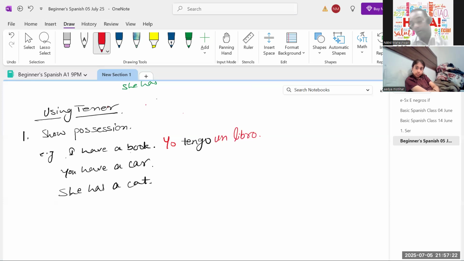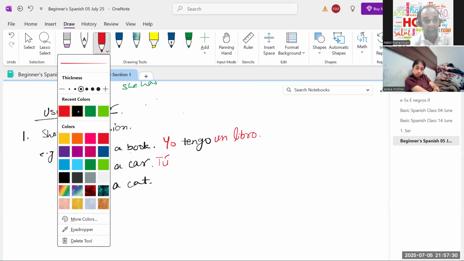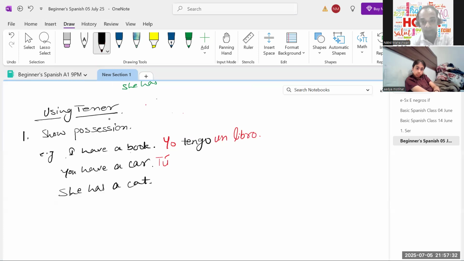You have a car. Now, if you're using this in the informal sense, then you would say tú. What would be the conjugation of tener here? Tienes. Correct. Tú tienes un carro or coche.